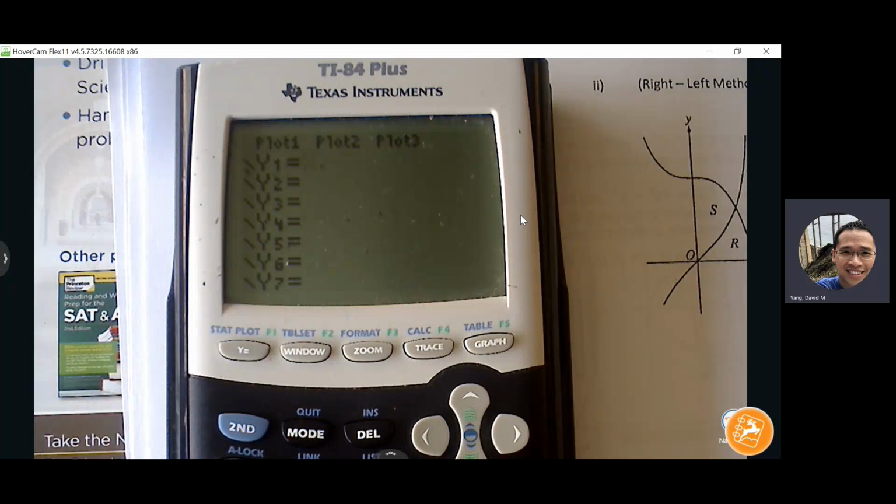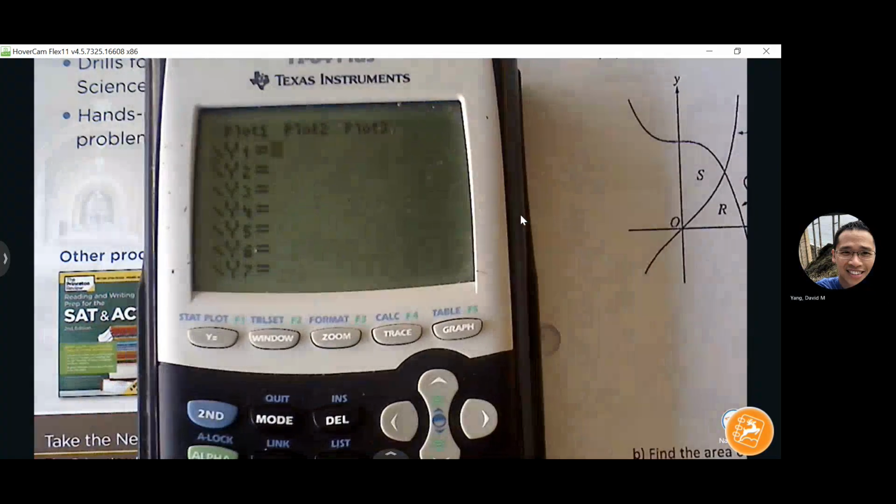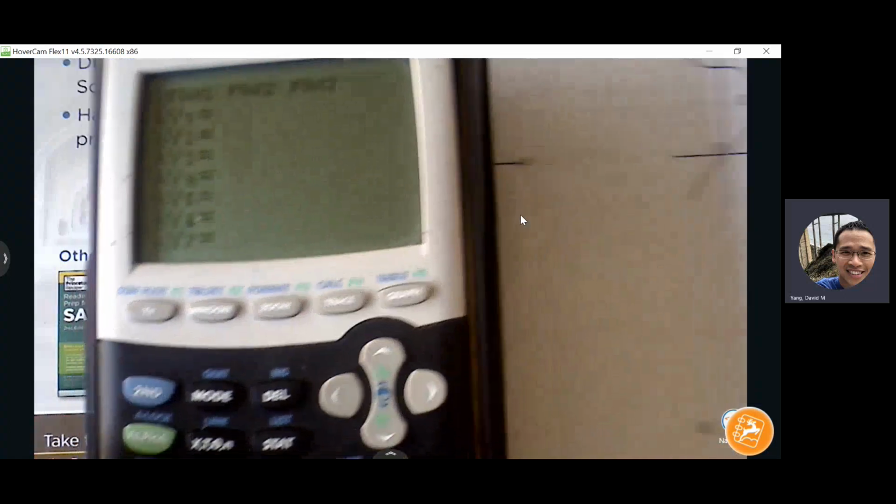Yeah, sorry, I can't make it any clearer. So we're gonna go ahead and type these functions in. So we have tangent of x and 2 minus x cubed.